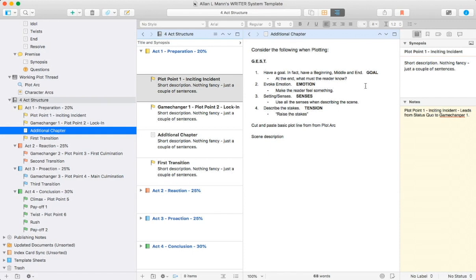S, setting or senses. Use all of the senses when describing a scene. What does it smell like? What does it feel like? If it's raining, a rainy day has a particular smell about it. Are you at the seaside? That salt spray has a smell to it.